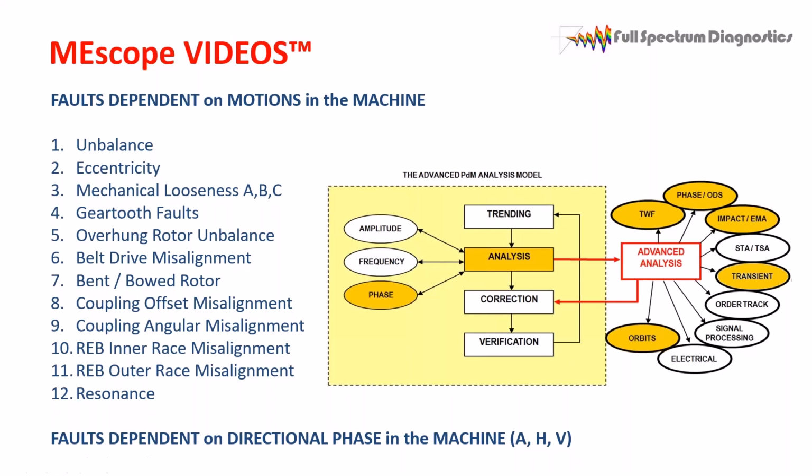So an operating modal analysis is taken when you can't shut the machine down. And then there's some transient tricks we have and some orbit plots and so forth. So once we get into how all this works, routes and so forth, analysis using amplitude, frequency, and phase, and then getting comfortable with new ideas, we'll be out to the races there.